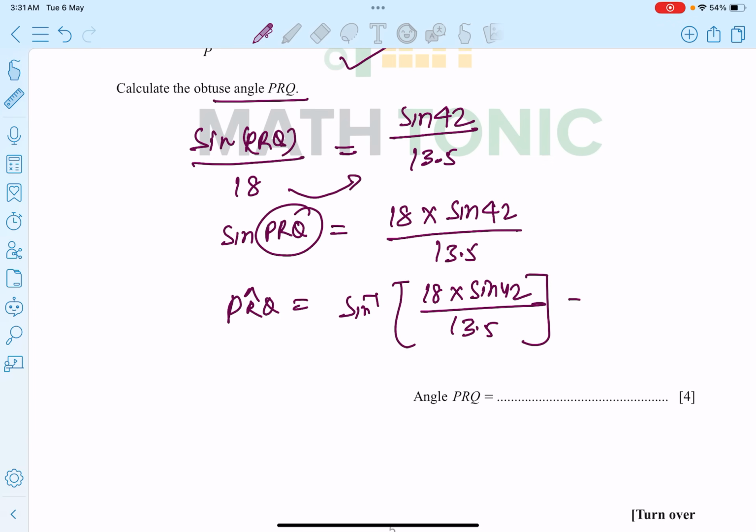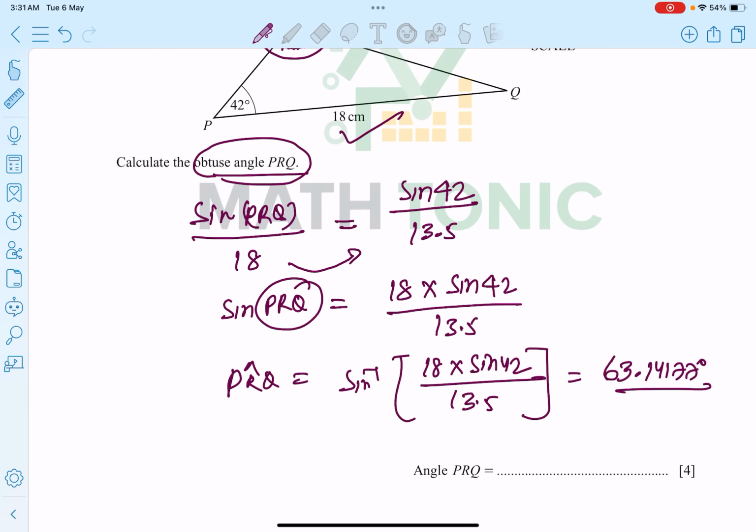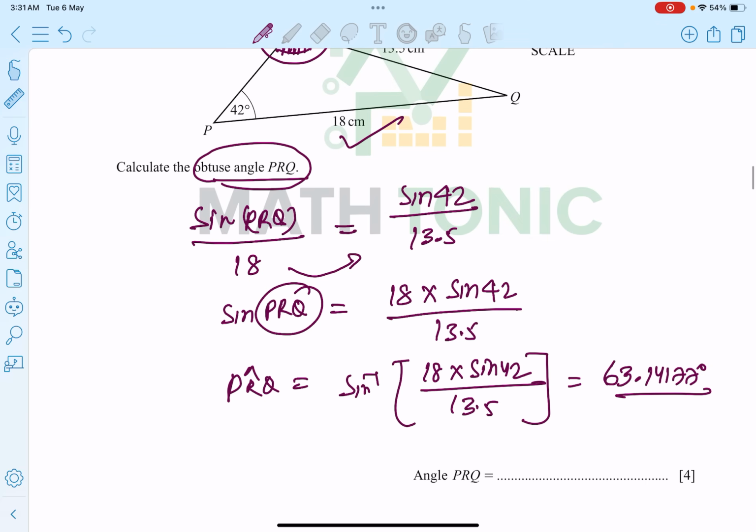When you put the value in the calculator, I think we'll get 63.14177 degrees. Okay, so the question says find the obtuse angle of PRQ. So we need to find the obtuse angle. If you remember, in the CAST diagram, all are positive in the first quadrant, sine is positive, and tan is positive. 63 is lying in which quadrant? First quadrant. This will be 63.14177, right? And sine is also positive in another quadrant, that is the second quadrant.